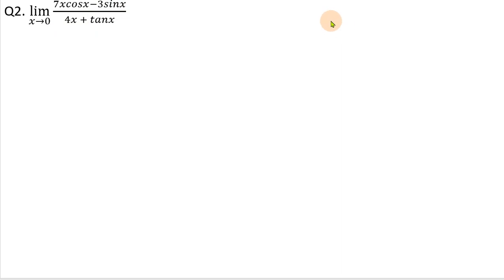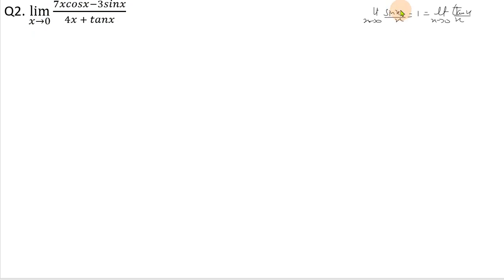Again we are going to use the same formula. Limit x approaches 0 sin x upon x equal to 1, and same is true for limit x approaches 0 tangent x upon x. Okay, so here we have limit x approaches 0 7x cos x minus 3 sin x.